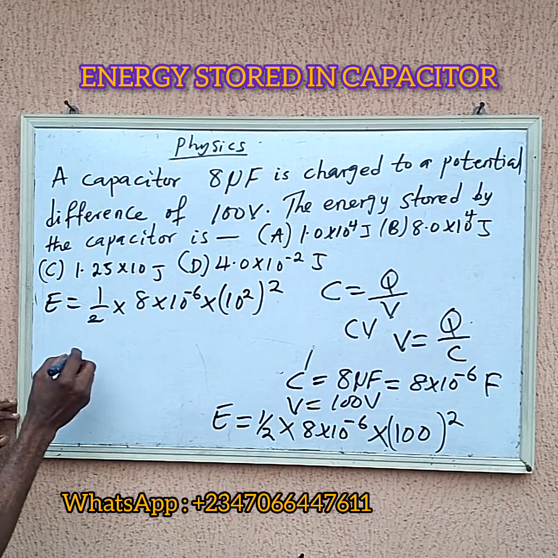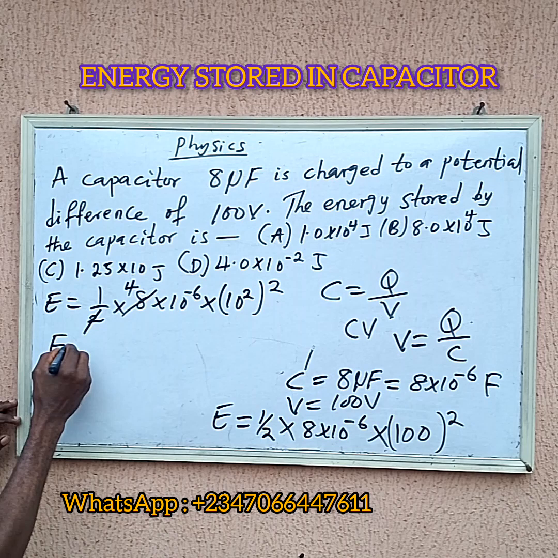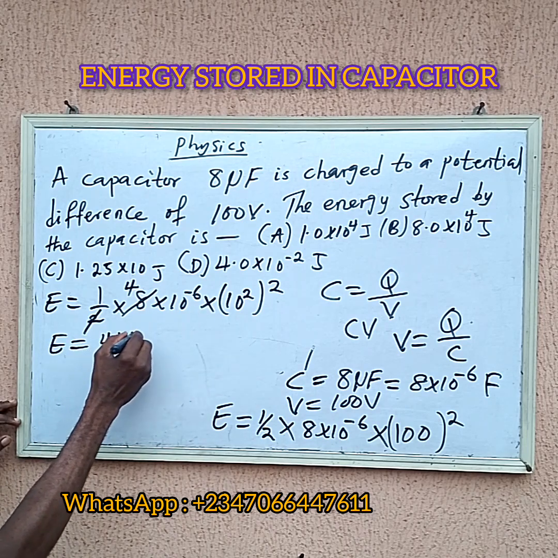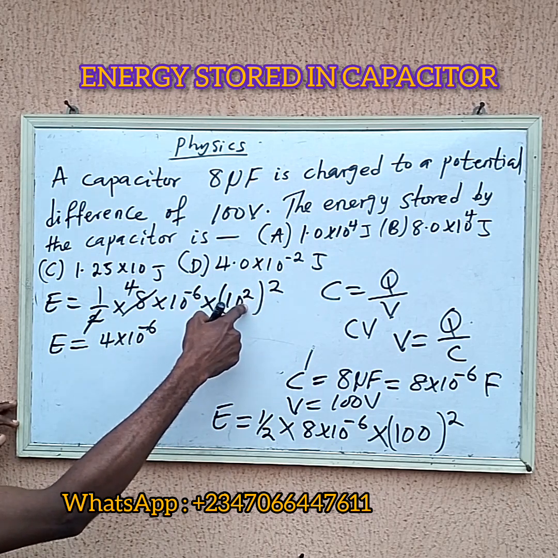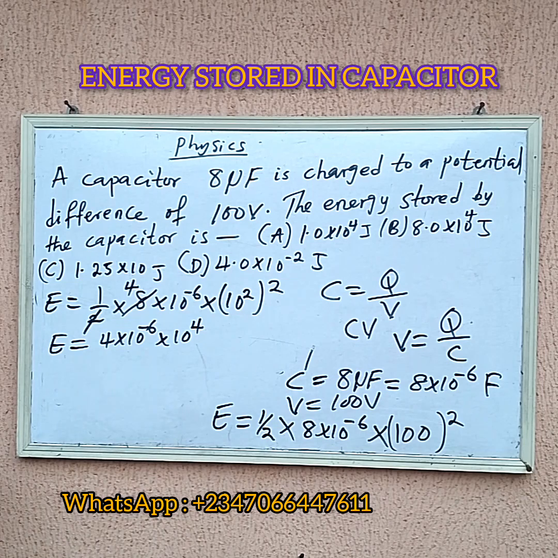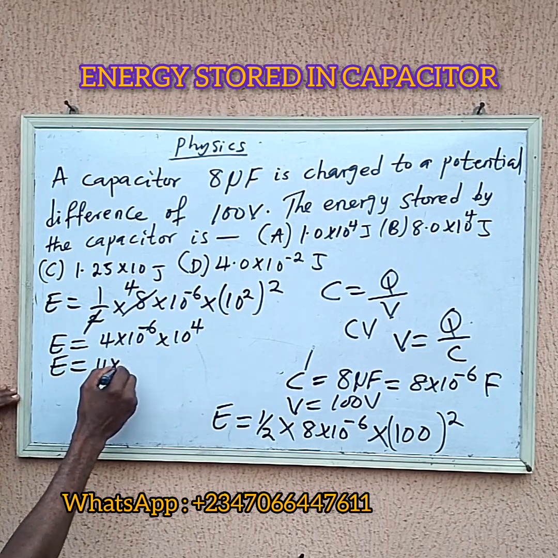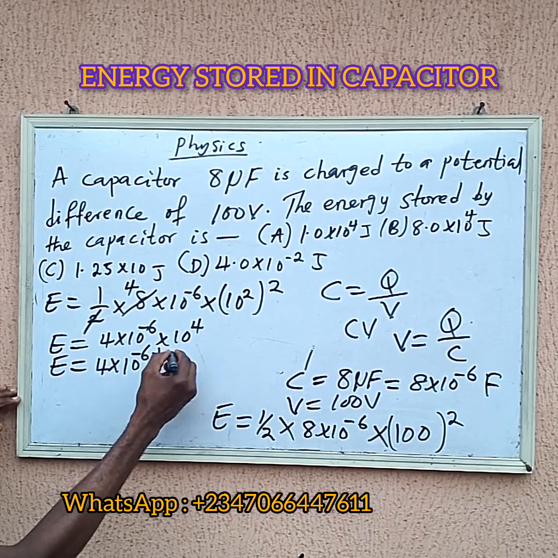Now we can cancel out: half cancels with 8, giving 4. So E, the energy stored, is equal to 4 times 10 raised to the power negative 6, times this square, which becomes 10 raised to the power 4. Since the bases are the same, according to the law of indices, we add up the powers.